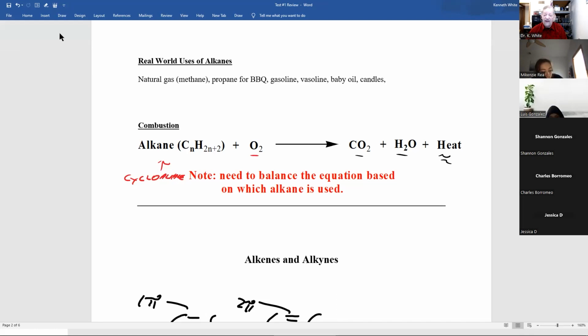The heat you don't have to put down because that's not a chemical. If I ask, give the products for that reaction, it's CO2 and water. Remember, in this class, you never, ever have to balance a chemical equation.